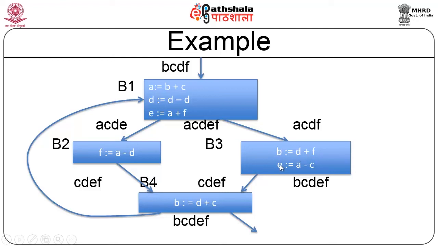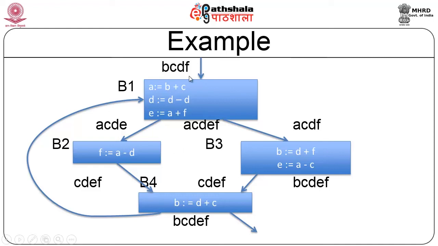Now, when you compute something, it has to be used in a subsequent basic block, that is your intention. Therefore B and E are supposed to be live here. Now, coming back to this block, A equals B plus C. So B is used here, C is also used here, D is used here and F is also used here.